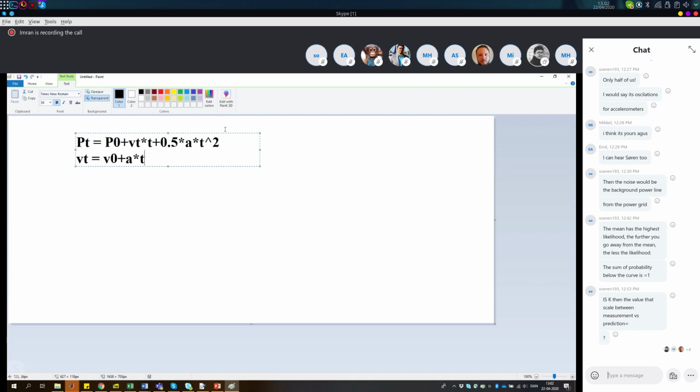Okay, so you have two equations. So you have two variables, the position and velocity. And if you remember, we can write these equations into a vector and matrix operation.